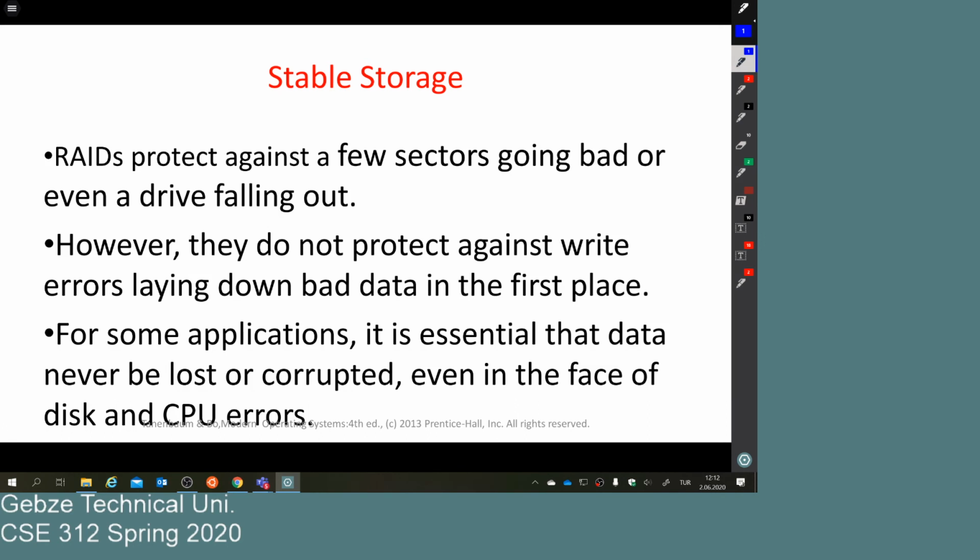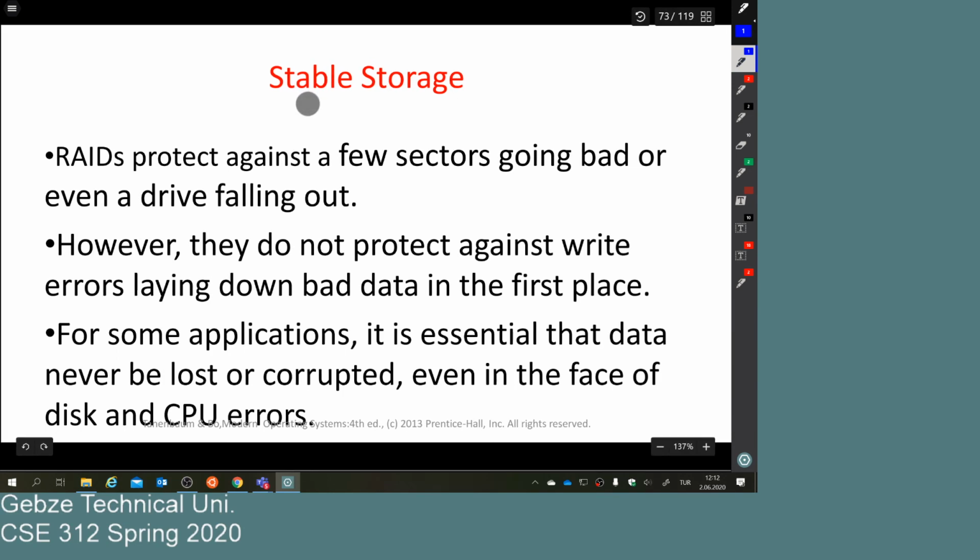It does not matter if the system is a RAID system or not, because while I am writing to the RAID system, in the middle of the process, if my CPU crashes, my operating system crashes, I don't want to be in an unstable state. So they developed a solution called stable storage.